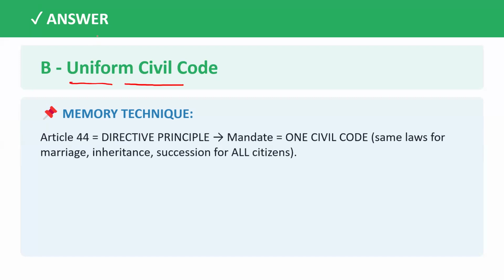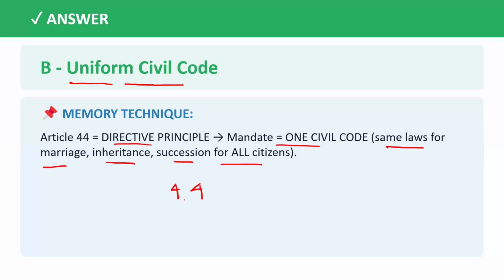Basically, Article 44 is a directive principle. It is a mandate and says one civil code. One civil code means the same laws for marriage, inheritance, and succession for all citizens. The number 44 itself uses the same digits, 4 and 4.